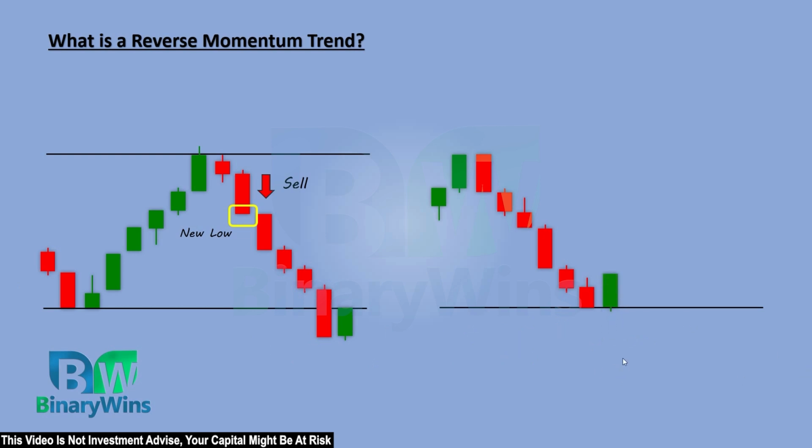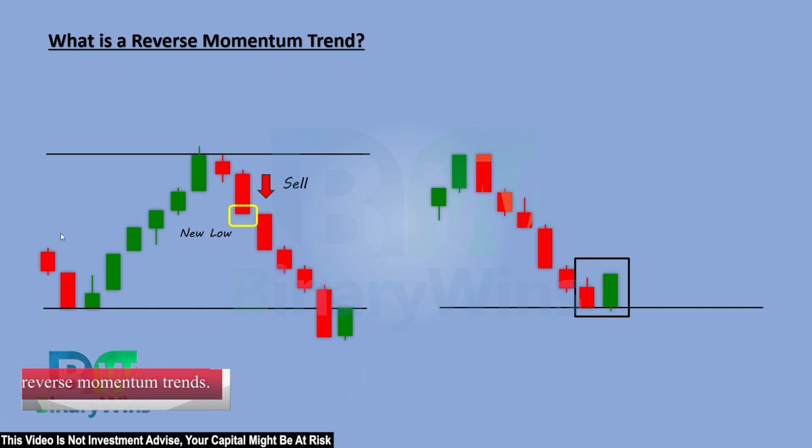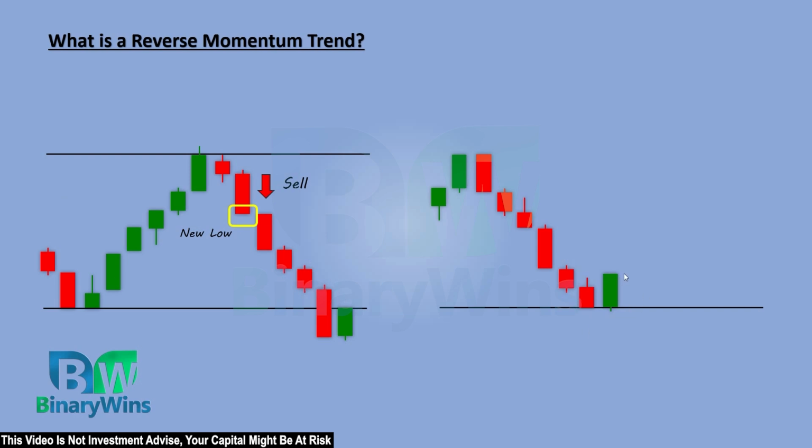If you remember, this mode is different from this mode. As you can see, it has created a bullish engulfing pattern for us. But despite the formation of a green candlestick, there is a possibility of a red candle formation.